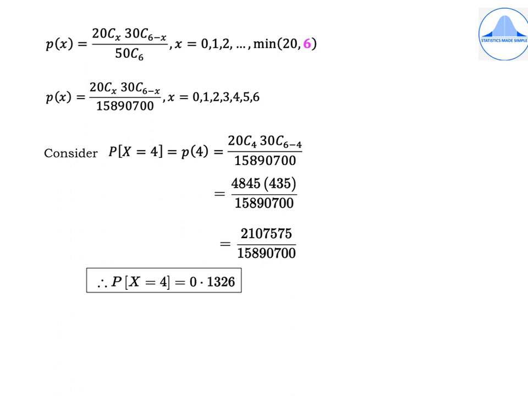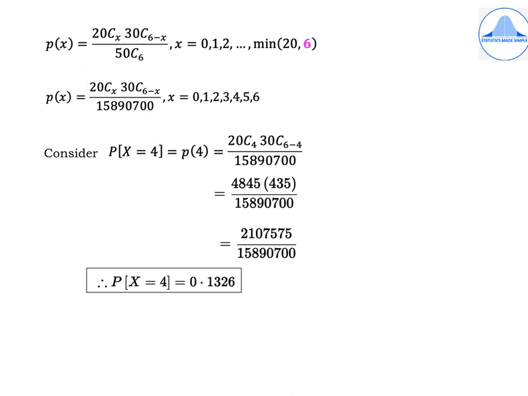Now the question is to find out the probability that there are 4 vegetarians. In other words, we need to find out probability of capital X equal to 4, which is equal to small p of 4. Now in the PMF, wherever you have X, replace it by 4. So you'll get 20C4, 30C 6 minus 4 divided by the denominator 1 crore 58 lakhs 90,700.